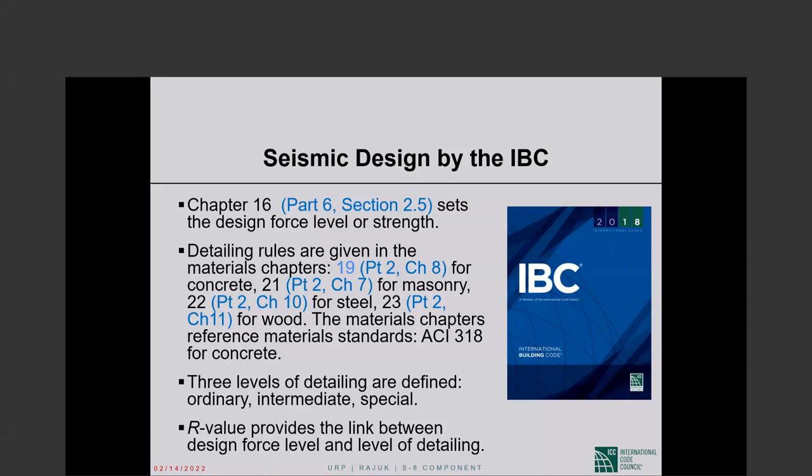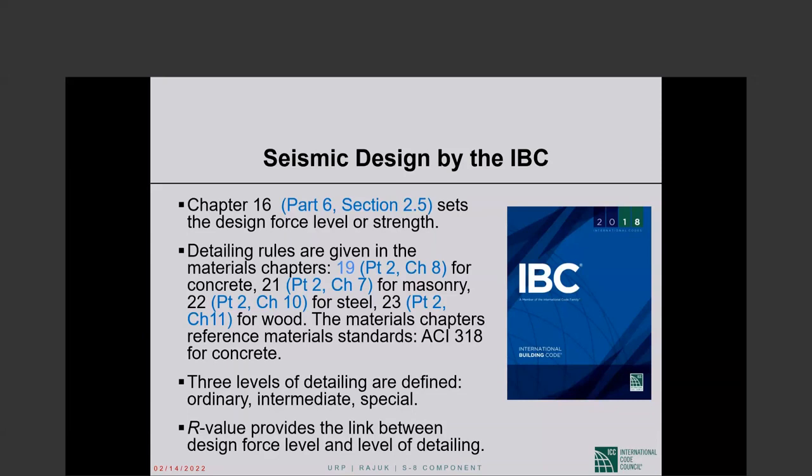So for concrete, the reference is definitely ACI 318-08. As also mentioned previously, 3 levels of detailing are defined in our codes and standards, including ACI 318: ordinary detailing, intermediate detailing, special detailing.